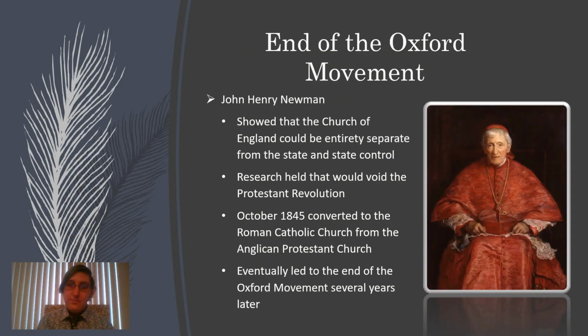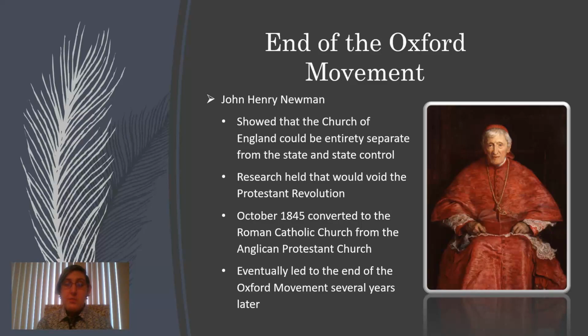The end of the Oxford movement, really it didn't bring the movement to an end, but it started the end of it. This was done by John Henry Newman. He was originally a priest of the Anglican Protestant Church, and eventually in October 1845 converted to the Roman Catholic Church.